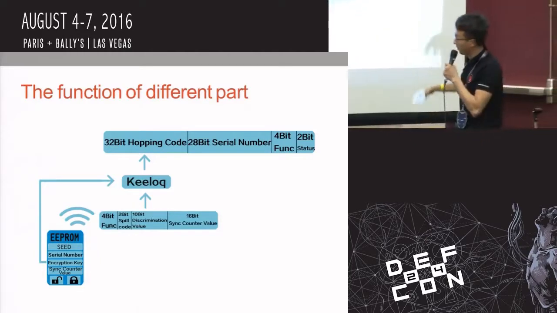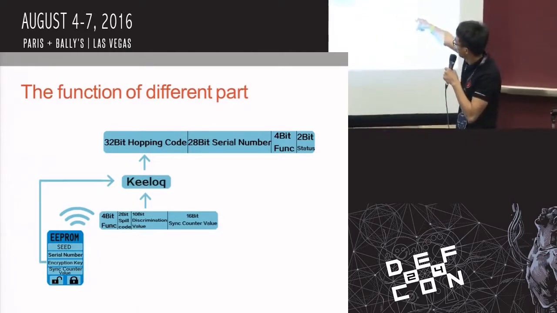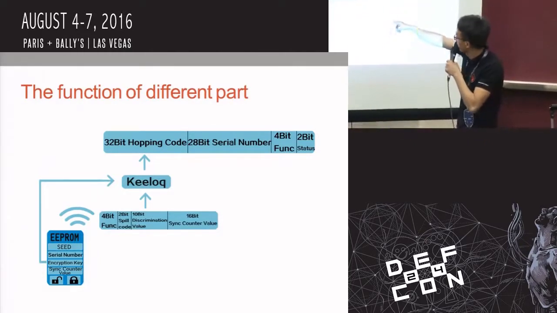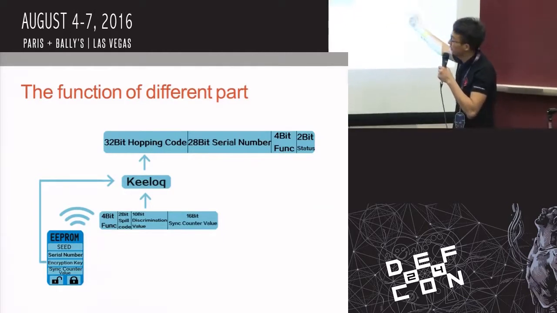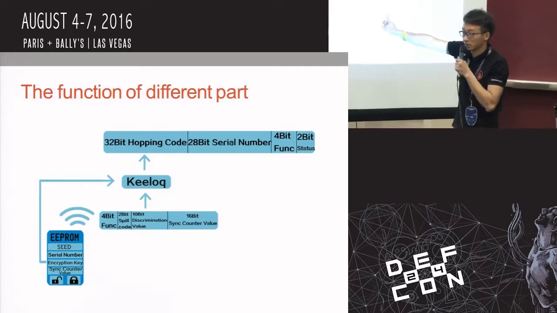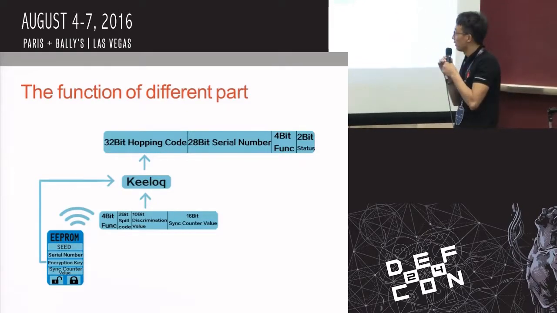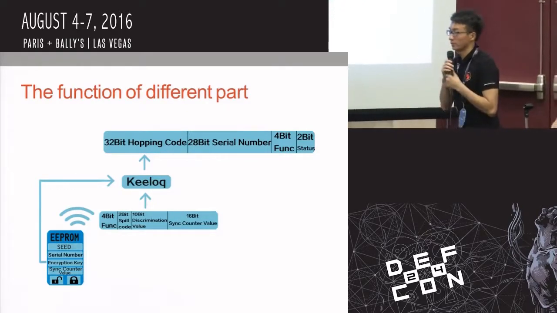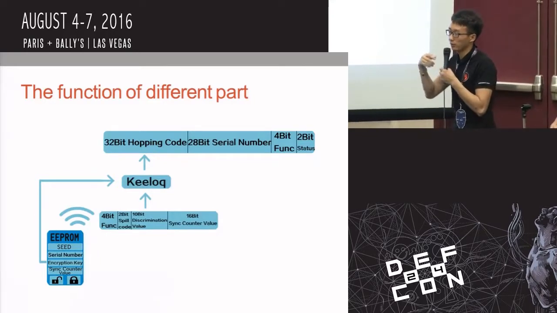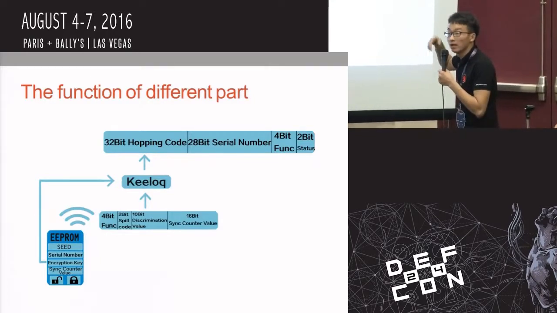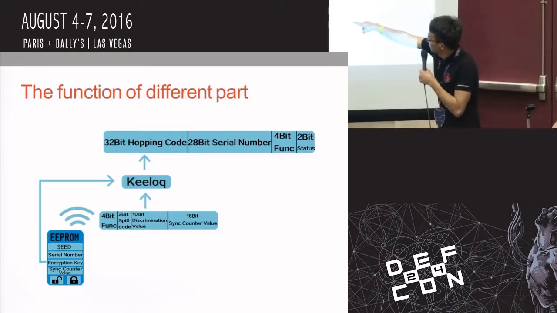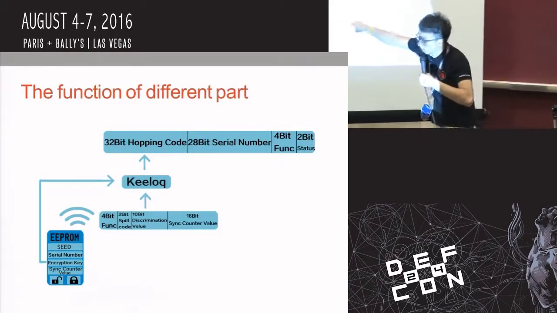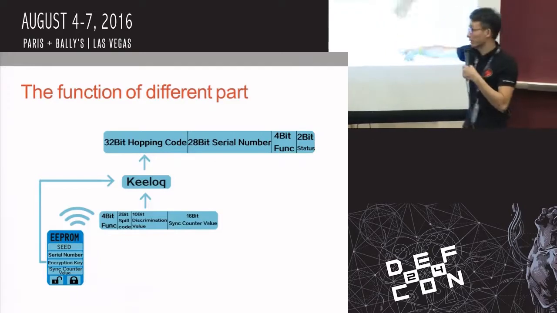Actually, we have done some experiments. We found out that the car will ignore the 4-bit function code that's not encrypted. They will only respond to the function code that is encrypted. But your question is how? Actually, we were talking about how the car handles the decrypted result of this part, the encrypted content.